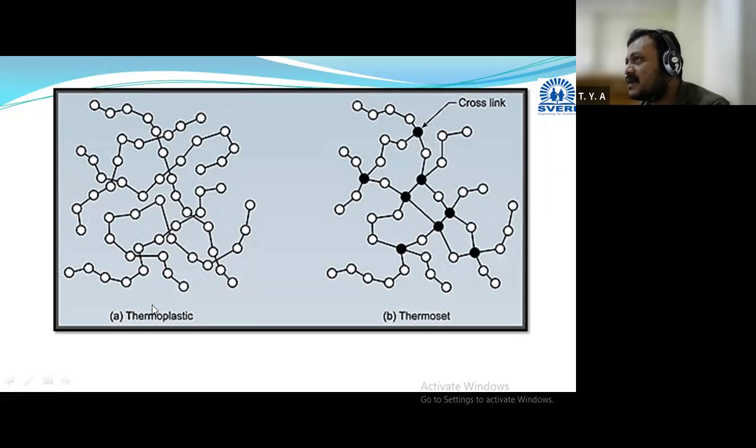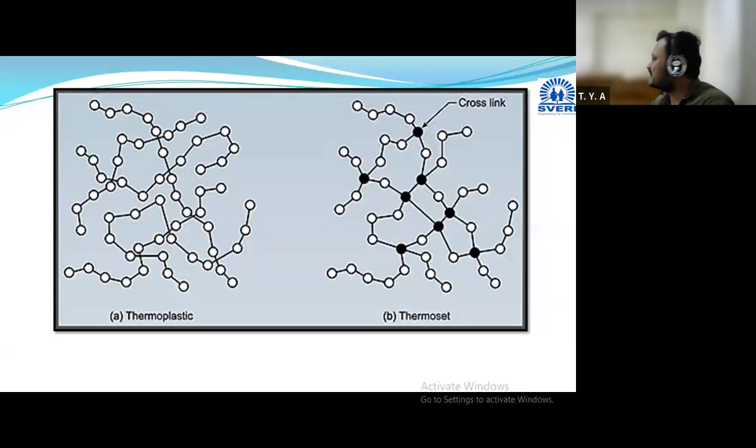Due to this weak bond, we can do the reshaping again and again. You can provide slight heat and do the reshaping again and again.